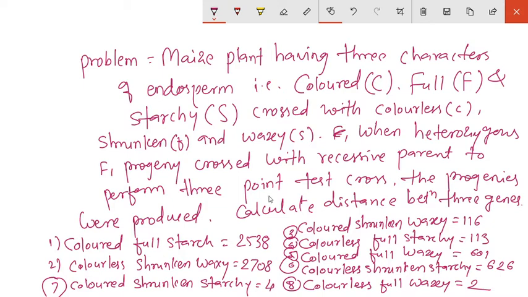Now we have to calculate the distance between the three genes. Let us solve this problem.